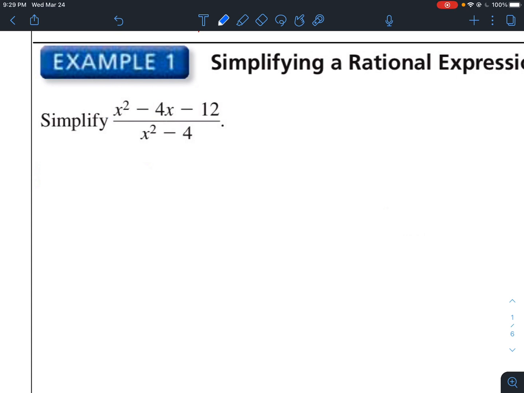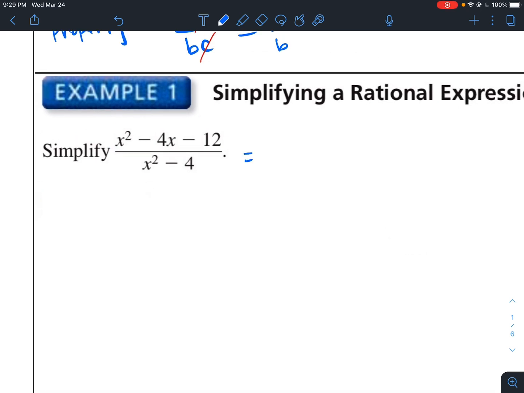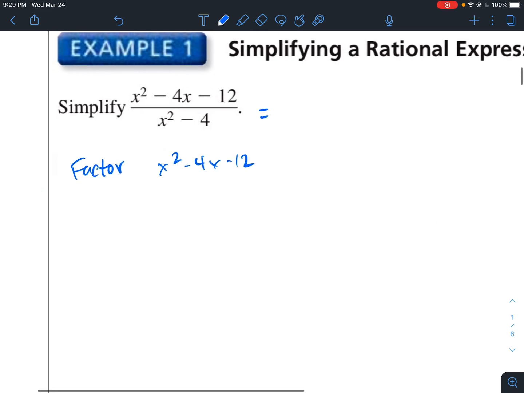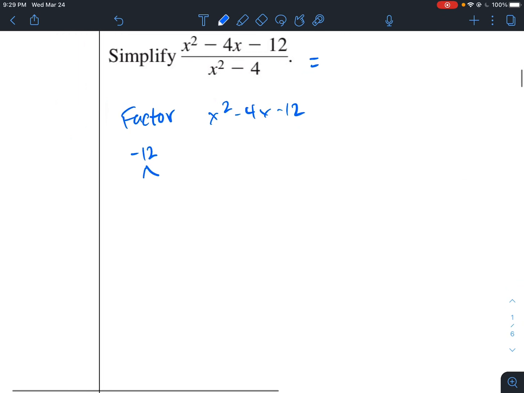So to factor x squared minus 4x minus 12, you need to find two numbers that multiply to be negative 12 and also add to be negative 4. I know 1 and 12, 2 and 6, 3 and 4 are factors of 12.